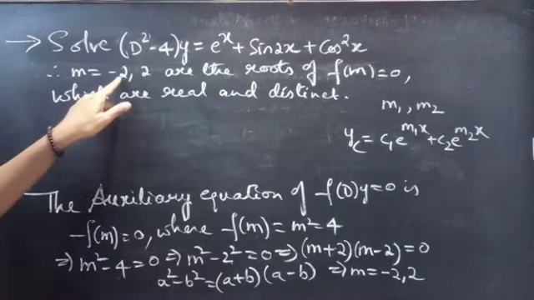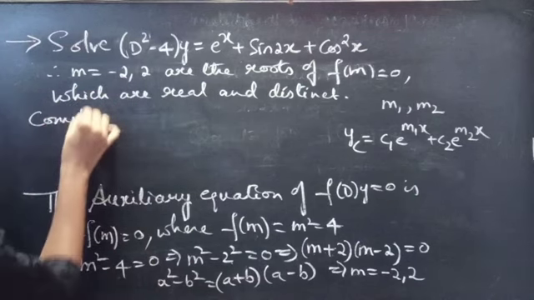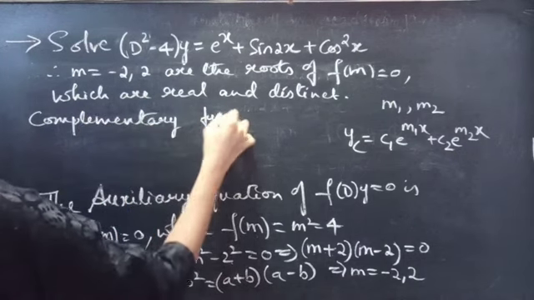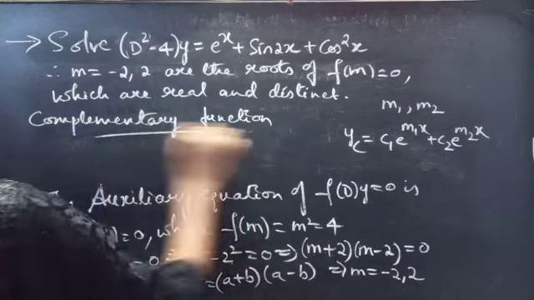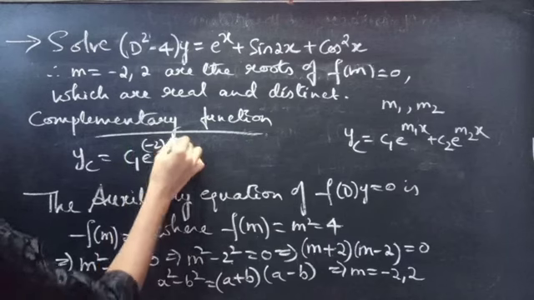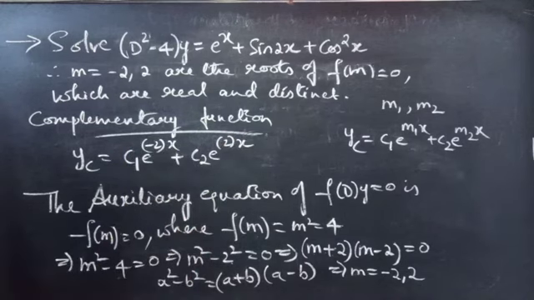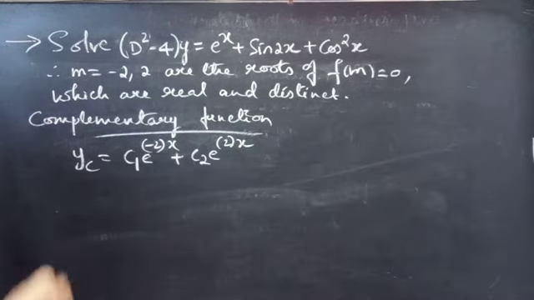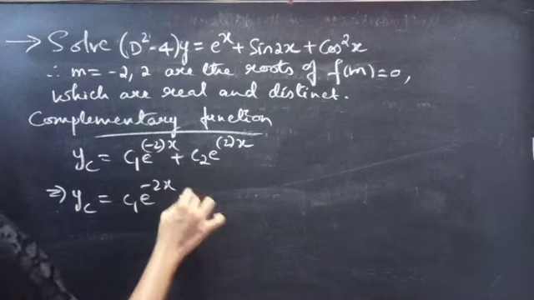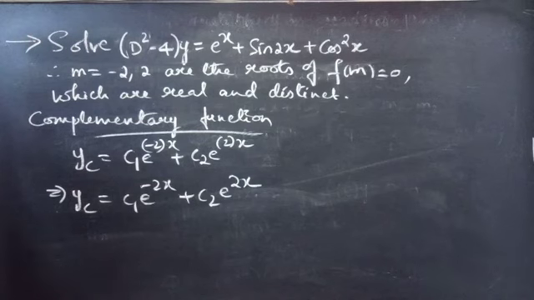Now for m1 equals minus 2 and m2 equals 2, we can write the complementary function as yc equals c1 e power minus 2x plus c2 e power 2x. Now we can find the particular integral.